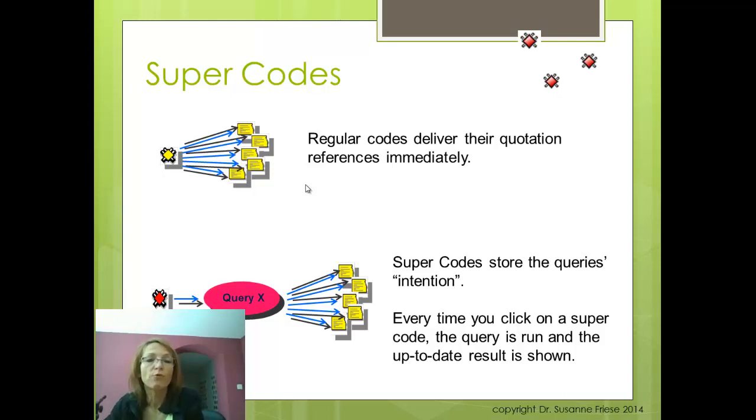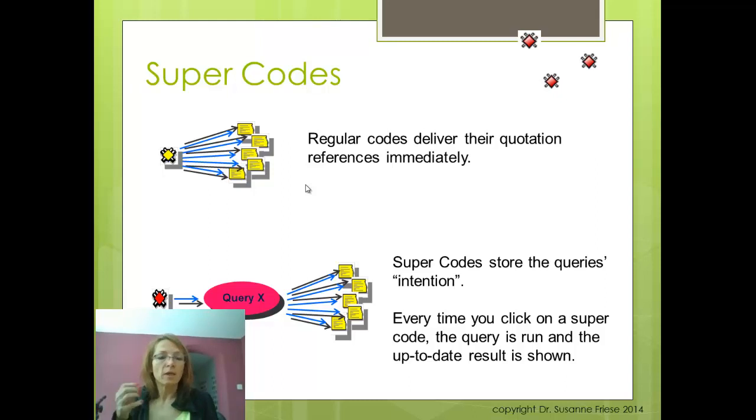Same with supercode families. If you get rid of certain quotations within a code, your supercode family will always be showing the up-to-date results.